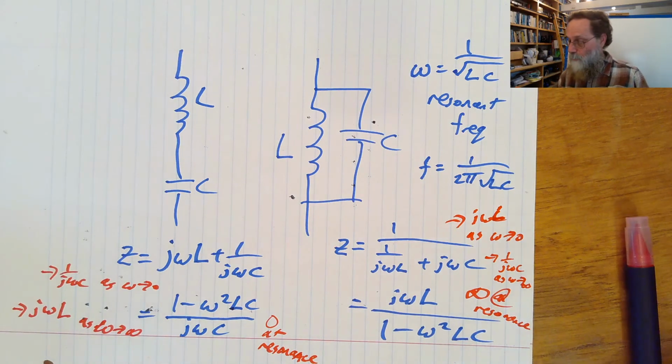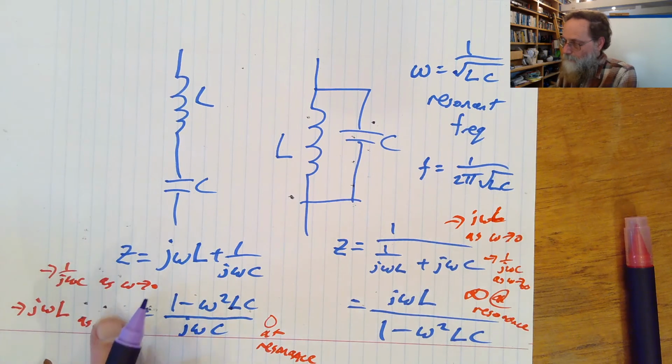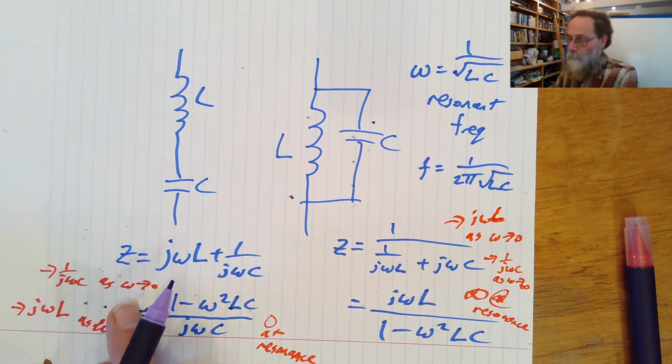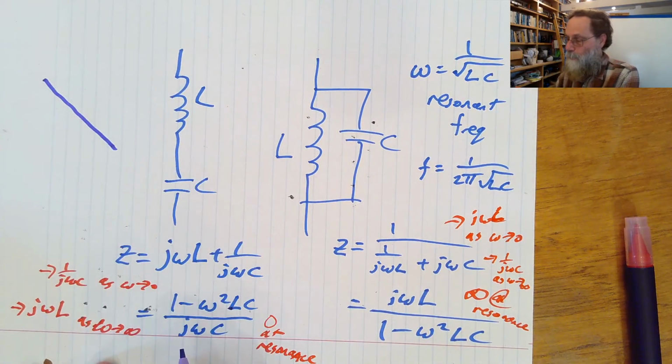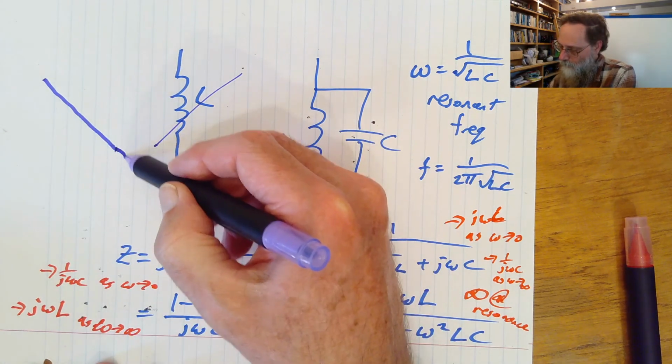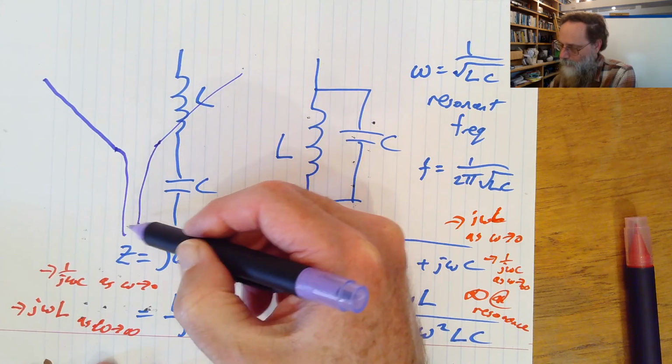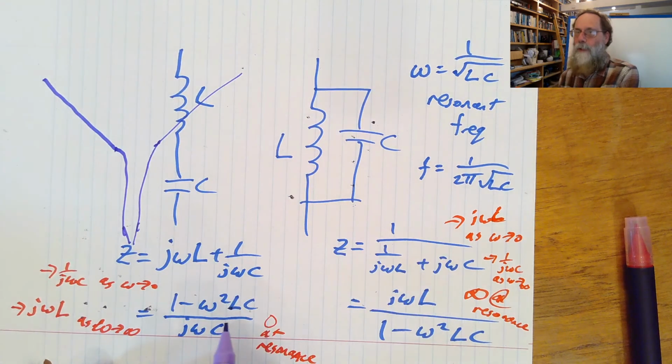So if we look at the series arrangement here, it behaves like a capacitor at very low frequencies. So it's going to come down in a straight line like that on a Bode plot, and then it's going to be like an inductor at high frequencies, and in between it's going to go to 0 at the resonance, so it's suddenly going to go shooting way off down to minus infinity on the log-log plot.